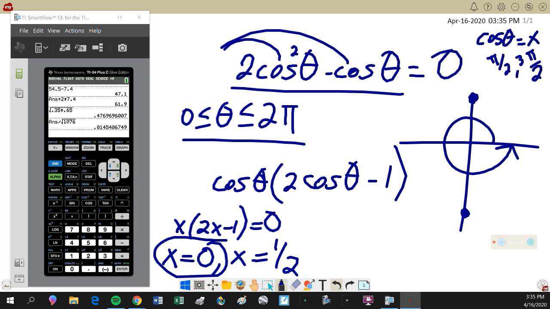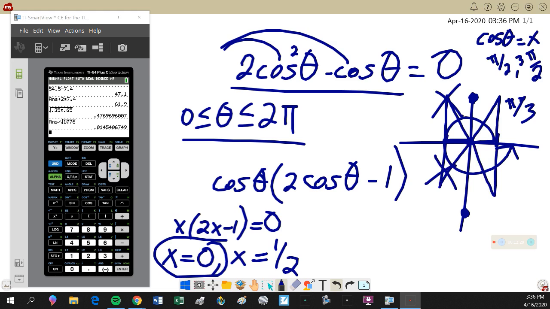Okay. And then when does the cosine equal 1/2? Well, cosine is the x value, so that would be at 60 degrees or pi over 3. And then same thing in quadrant 2, except it's negative, so we're not going to count that one. And then when we go to quadrant 3, it's also negative, so we don't count that one.